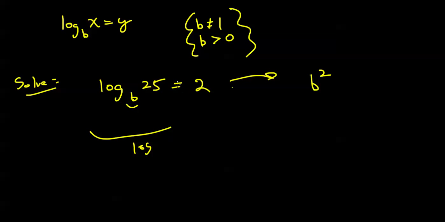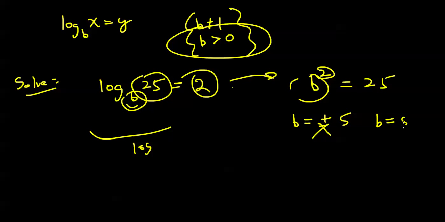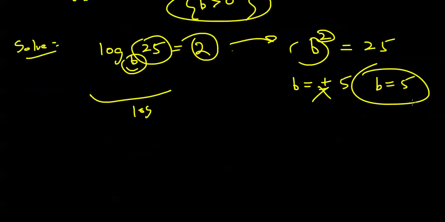So 2 is the exponent we put on b to get 25. And of course, if b squared is 25, b equals plus or minus 5. And notice we've made this condition that base values have to be positive, so I'm going to strike the negative value, so our missing base here is positive 5. Okay?